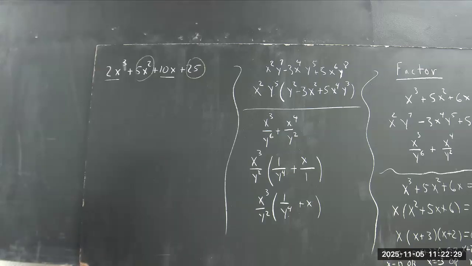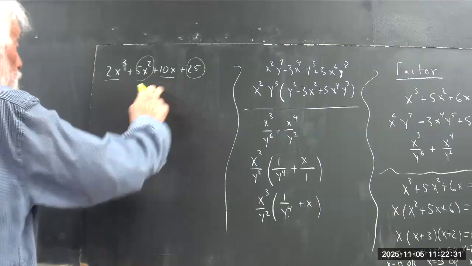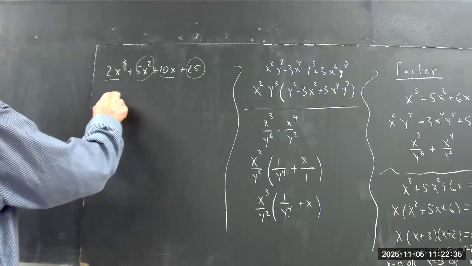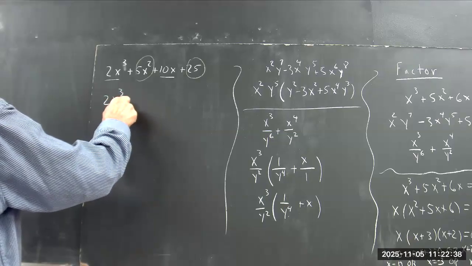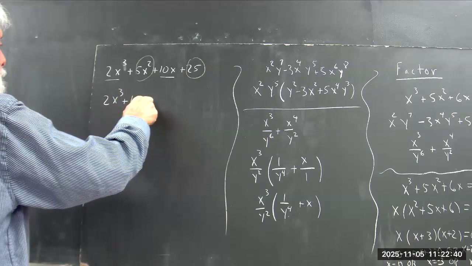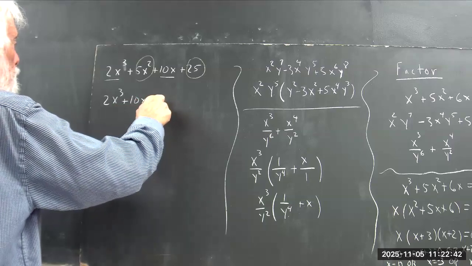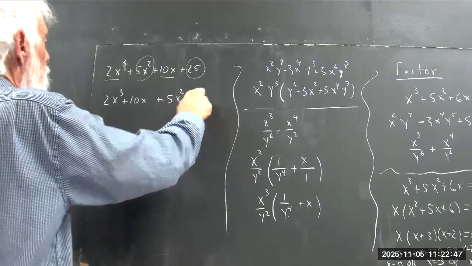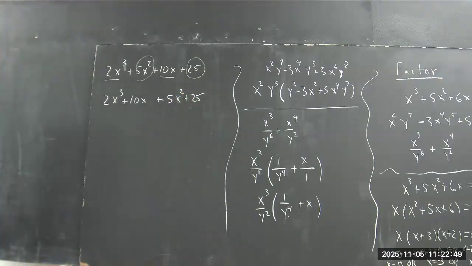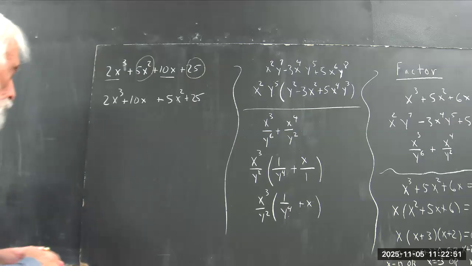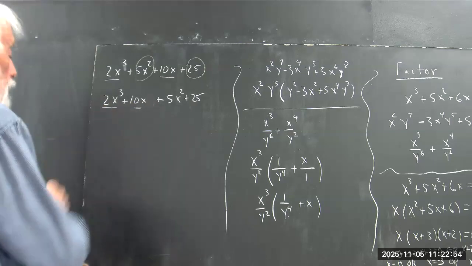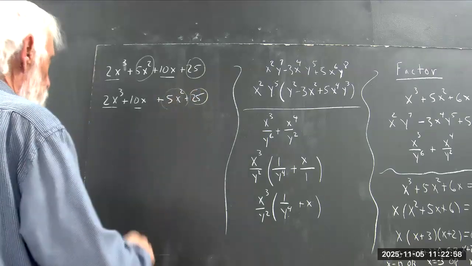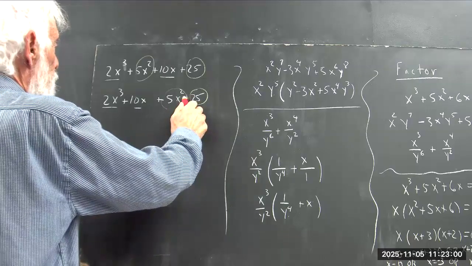So I can rewrite this with these two expressions grouped together. So that now the two underlined expressions are together, and the two circled expressions are together.